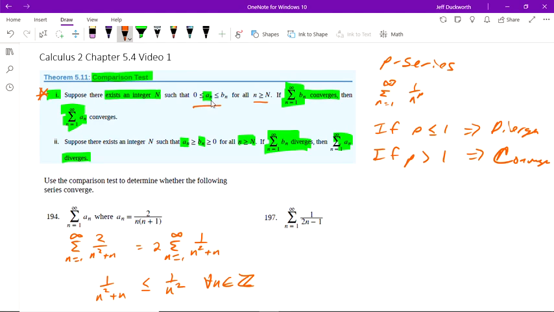Okay, so because we have that, we look at the first rule here. We're in a situation where our a_n are always less than the b_n. Our b_n will be the 1 over n squared values.